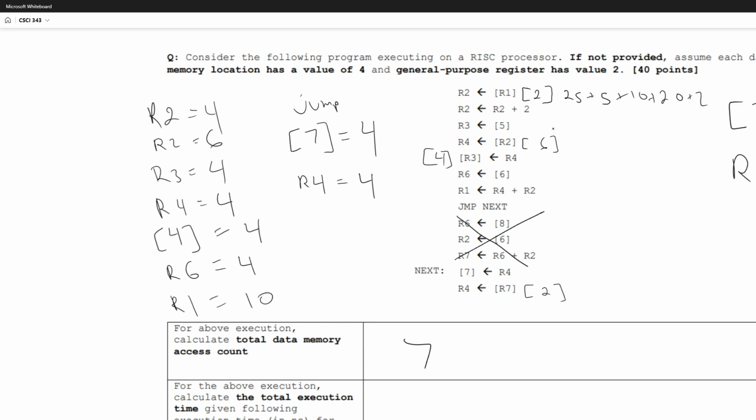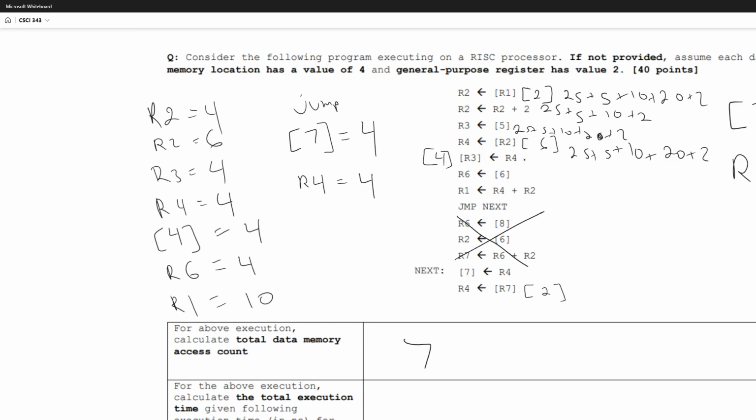So this one is an R type, so 25 plus decode is 5, exec is 10, and write back is 2. This one is still L type, so 25 plus 5 plus 10 plus 20 plus 2, same thing. 25 plus 5 plus 10 plus 20 plus 2.